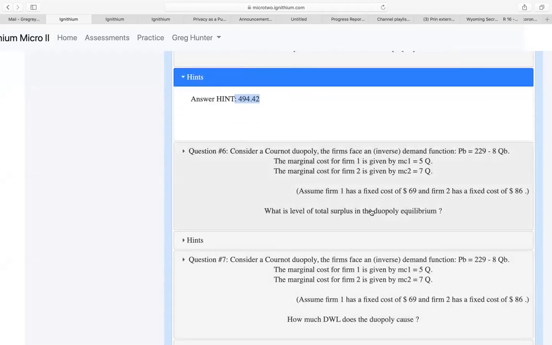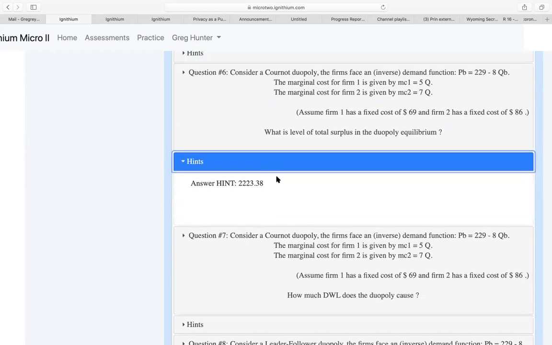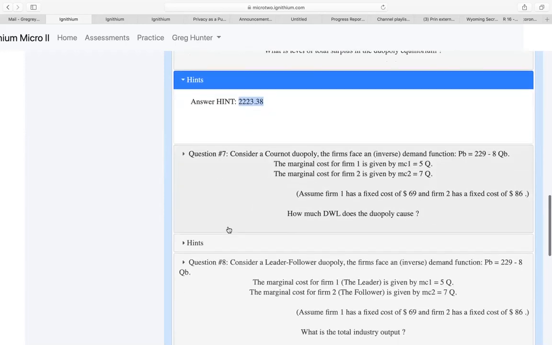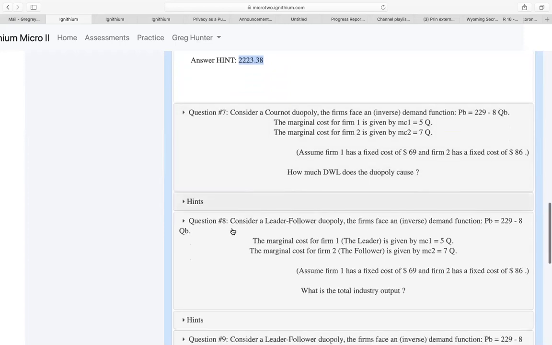And what about the level of total surplus? We said that. What did we get? 2,222.74. Look at that. And how much deadweight loss does the monopoly cause?